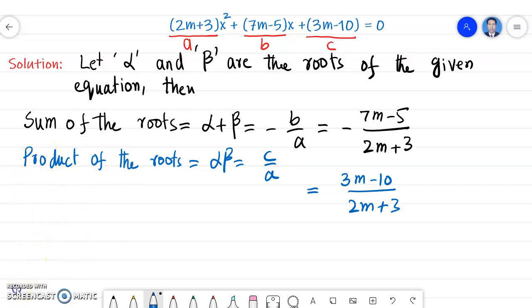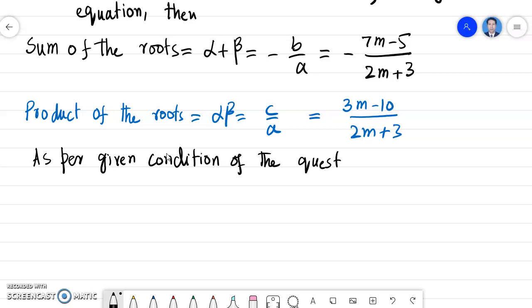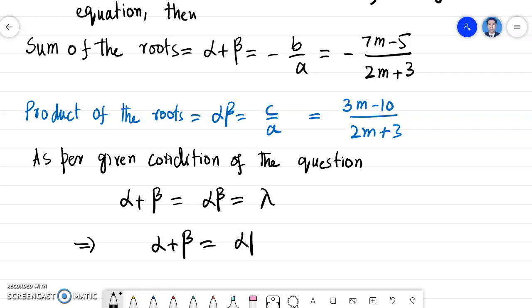Now as per the given condition of the question, the sum of the roots, alpha plus beta, is equal to the product of the roots, alpha beta, and this is equal to lambda. This implies that alpha plus beta is equal to alpha beta.